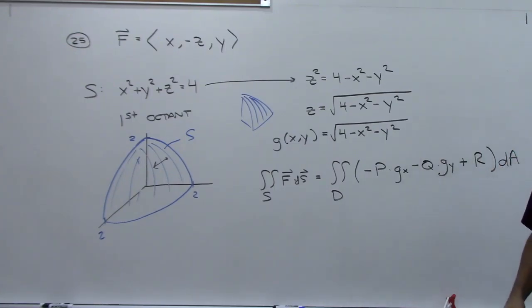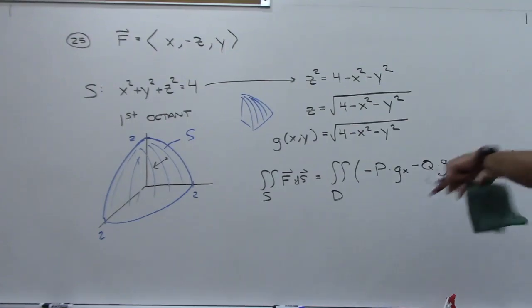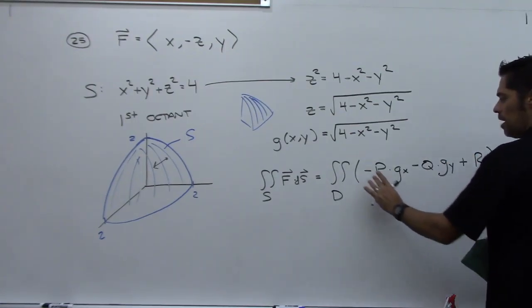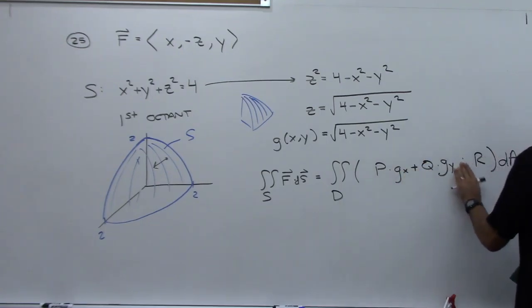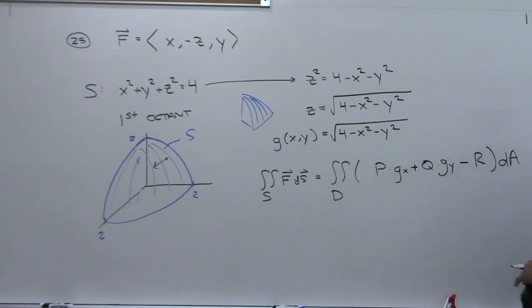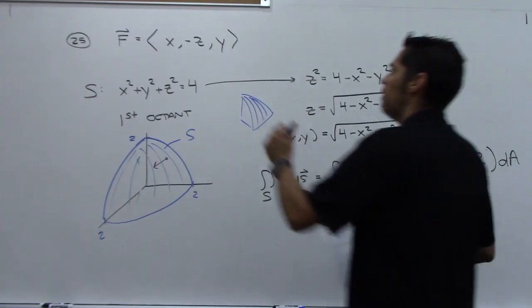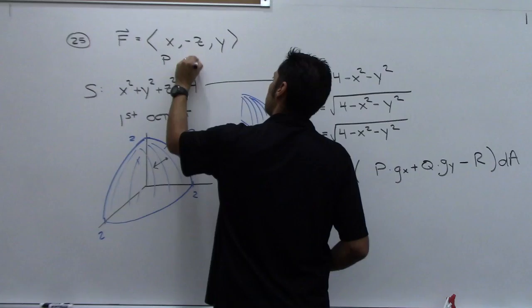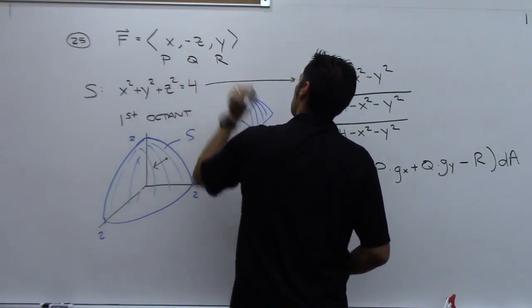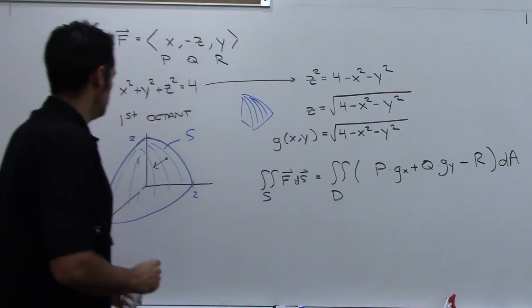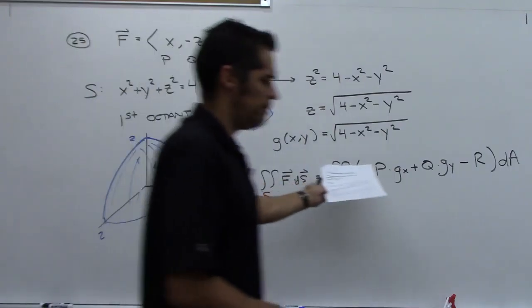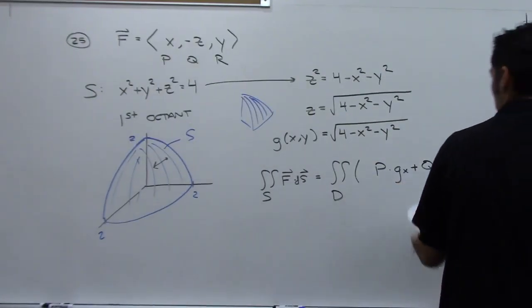But our normals are not pointing upward, our normals are pointing inward. So what happens is we change this to a positive, we change this to a positive, we change this to a negative. And then remembering that the P, Q, and the R here are just our components of our field, and then G is this, then all we have to do is compute that, this multiplication, these partials, and we're there.